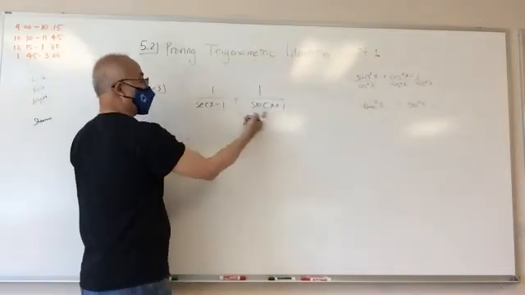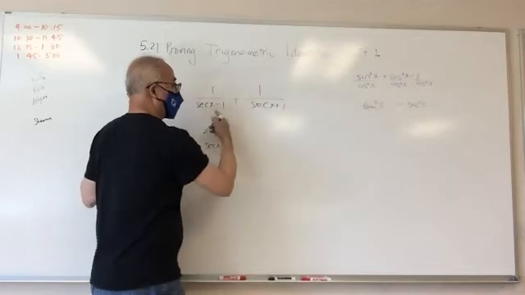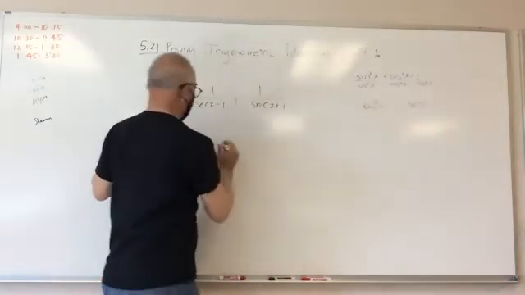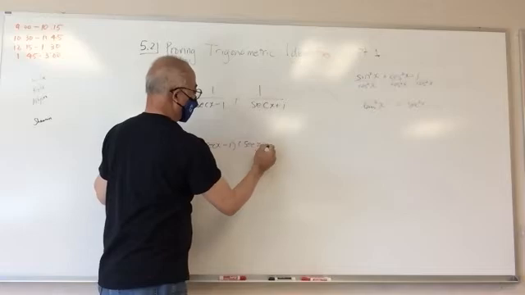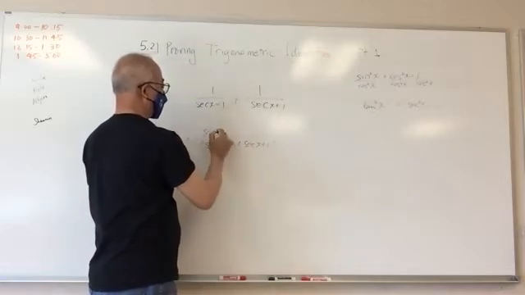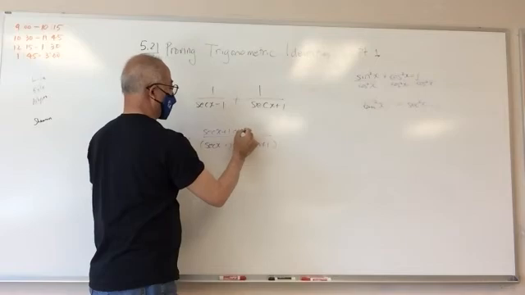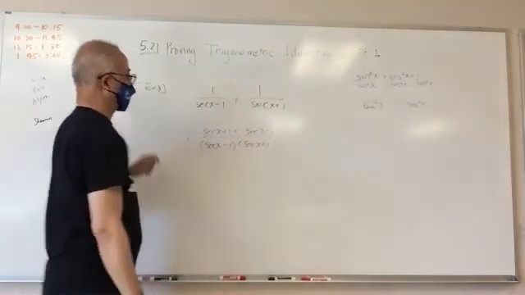So I'm going to go ahead and combine the denominators, because that is the easiest way to get this guy. So it's going to be secant x plus 1 plus secant x minus 1.